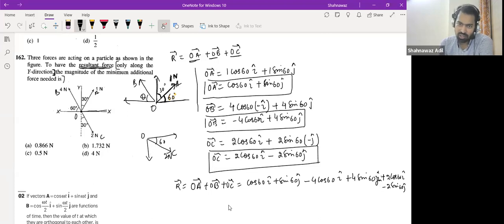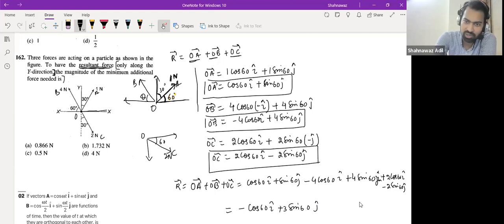So this is the resultant. So cos 60 minus 4 cos 60 plus 2 cos 60, so minus cos 60 i. And then we have sin 60, 4 sin 60, so 5 minus 2, so plus 3 sin 60.